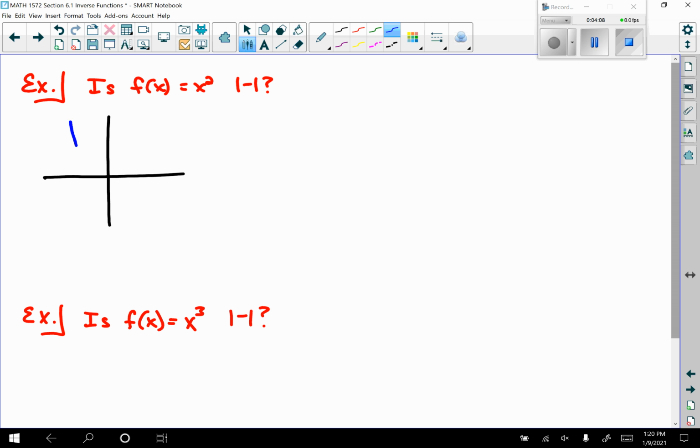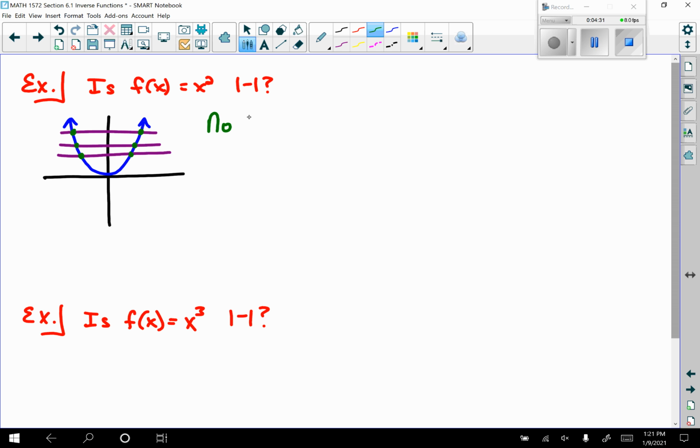So we'll draw something like this. And the quickest way to decide this is by using the horizontal line test. So we could see we draw a series of horizontal lines, and we notice it definitely passes through the graph more than once. So we would say no.